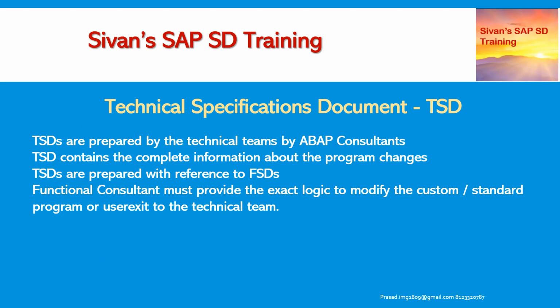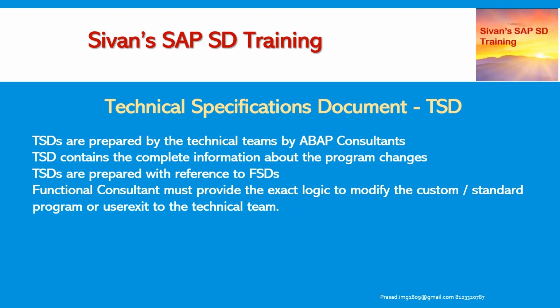is prepared with reference to FSDs. This technical specification document contains the complete information about the program changes. So he will incorporate what logic is required, why the object is not working as expected, and how to overcome the expectations.